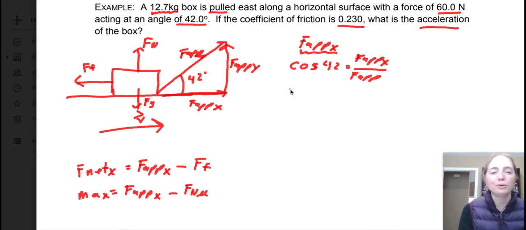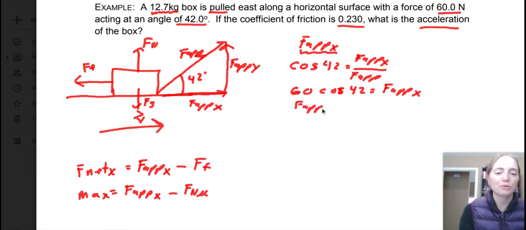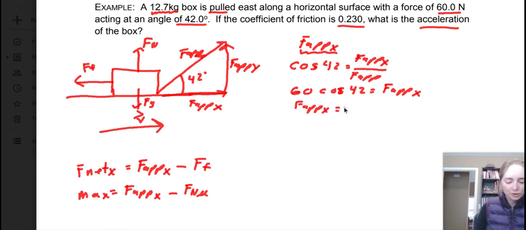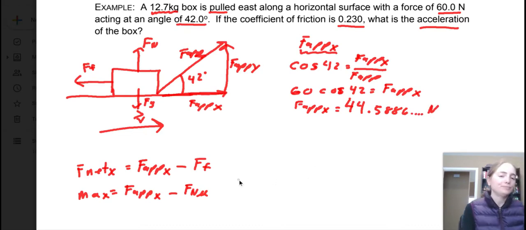So my force applied of 60 newtons times my cosine of 42 is going to equal my force applied x. And once you put that into the calculator, you are going to get the wonderful value of 44.5886 newtons. Okay. So, ladies and gentlemen, we now have that value.